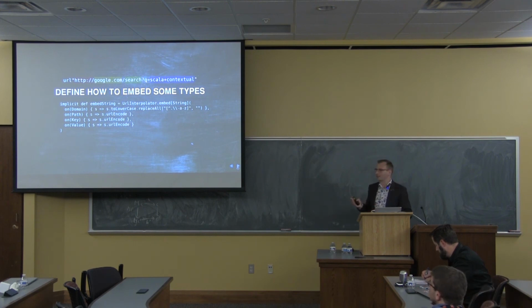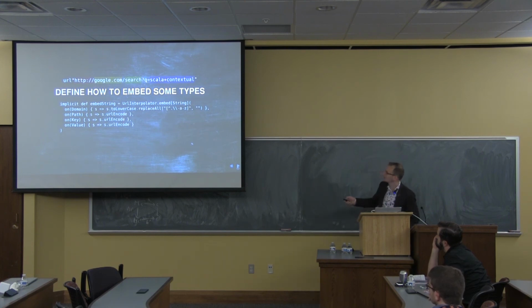Now this is sort of related to the point I made to Chris earlier, in that in my definition of how to embed a string, I'm dealing with escaping here. This is something I'm not so happy with in the existing version of Contextual, because you can write a type class which allows you to circumvent the safety.